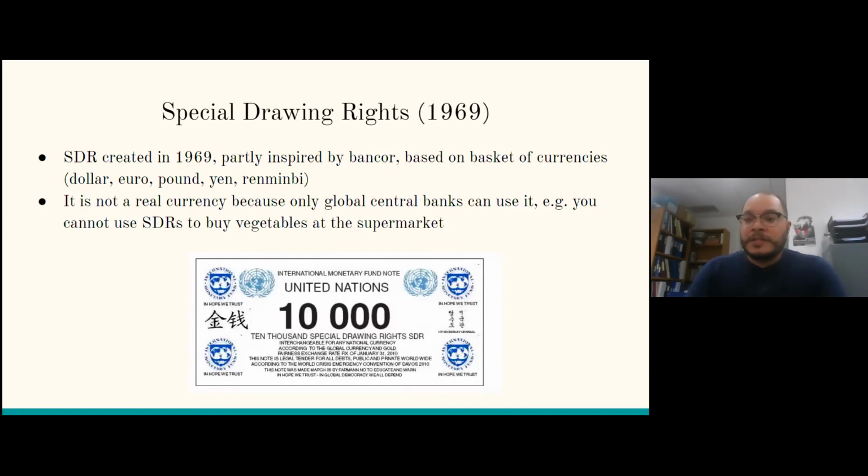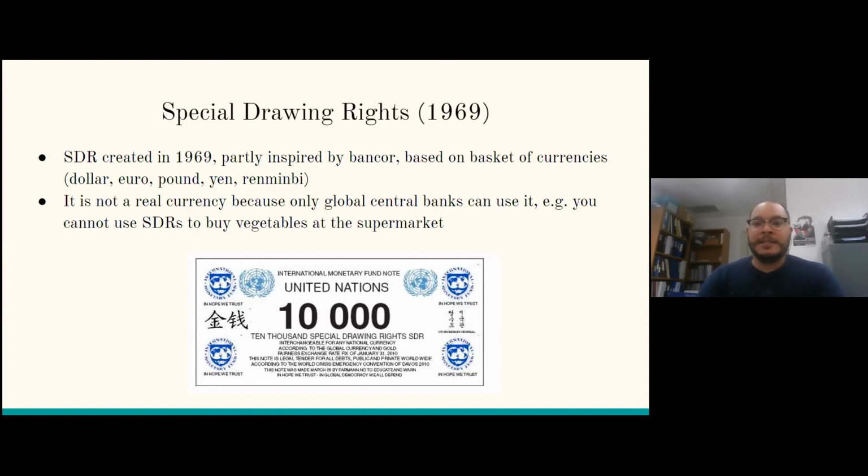Fast forward 30 years later, there was a lot of international monetary turbulence in the late 60s. People went back to the idea of creating a global currency, so they created what we now know as special drawing rights, which is partly inspired by the Bancor, with some key differences. One, it is not its own currency.